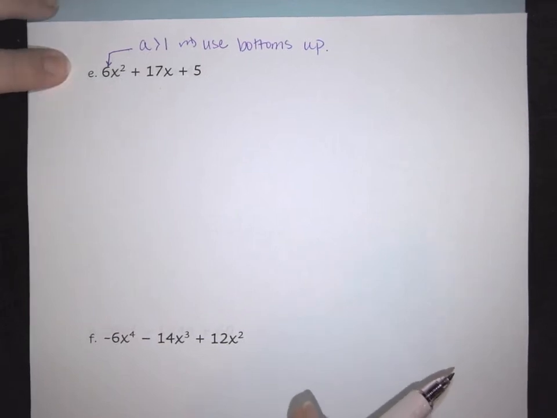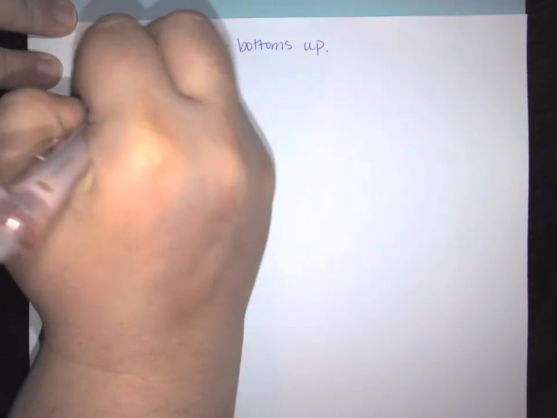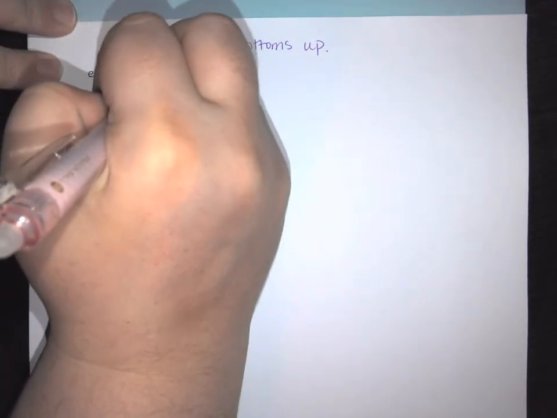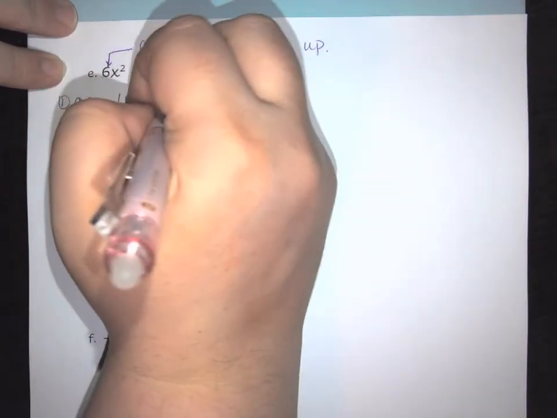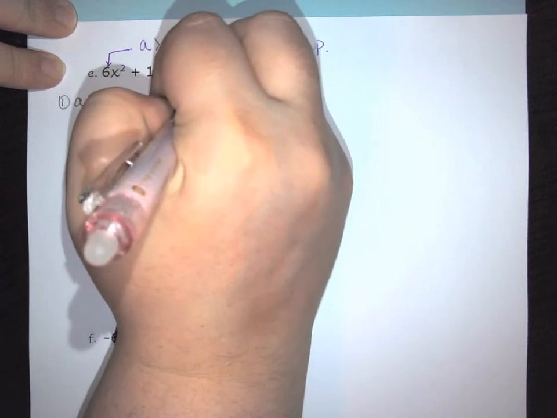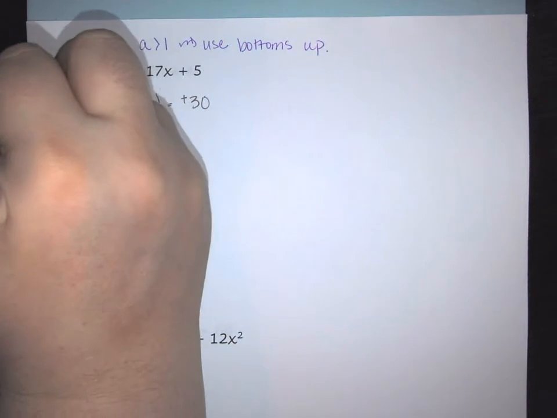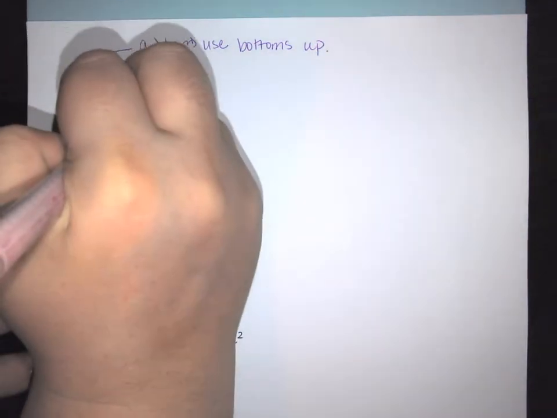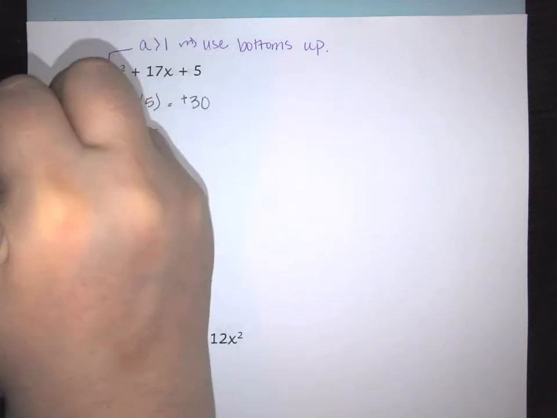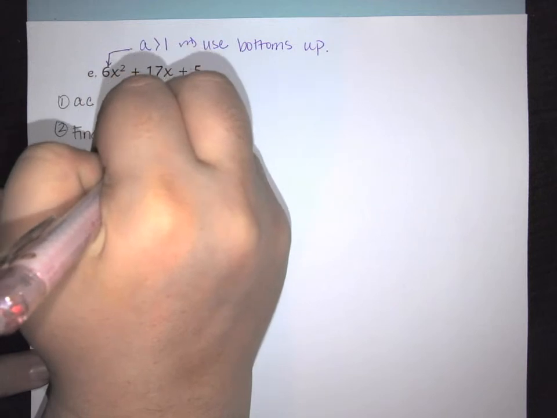So the bottoms up method says that we are going to take a times c. So the first thing we're going to do is a times c. So that's going to be 6 times 5. Both are positive. Remember, your signs are incredibly important. And so here this gives you a positive 30. The second step is I need to find the factors that add to the b term.